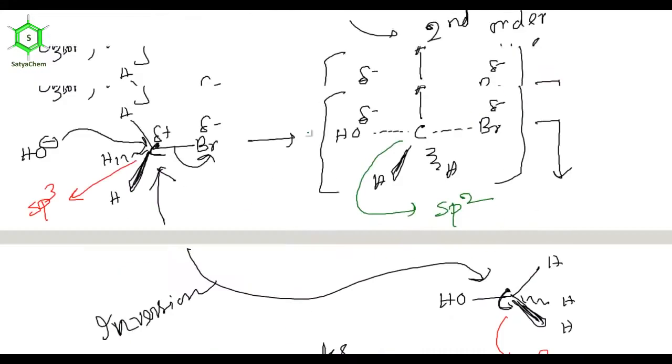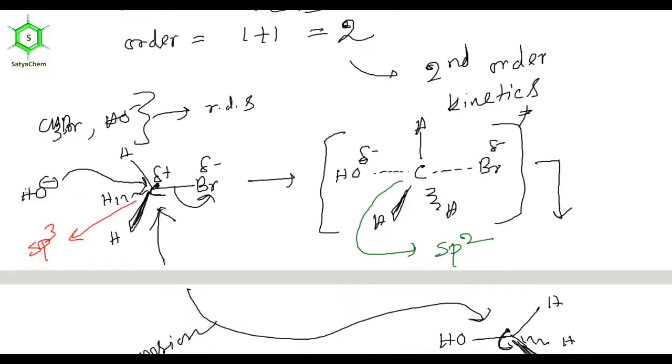And another important thing, just a comment: see, the hydroxyl ion attacks from the backside. Is there any concrete reason behind this? Yes, there is a very concrete reason. I can explain why the hydroxyl ion attacks from the backside. That can be explained from the molecular orbital concept, from molecular orbital theory.